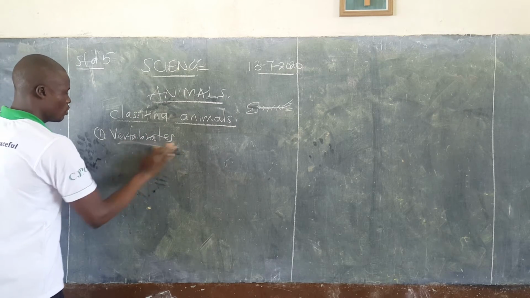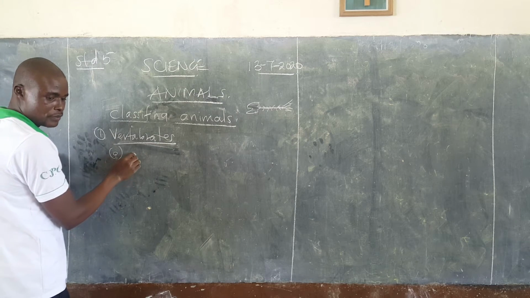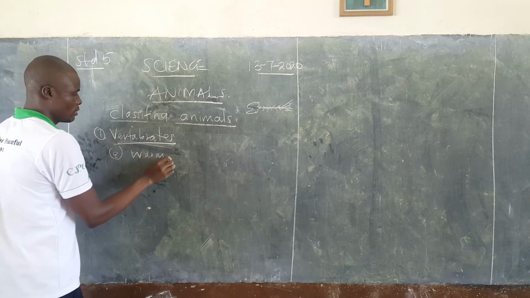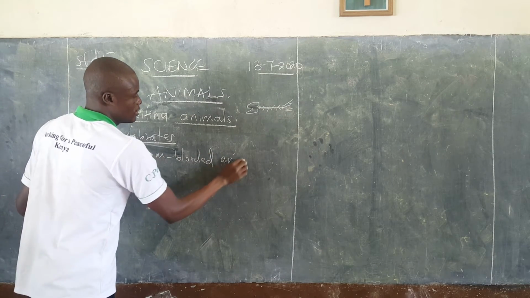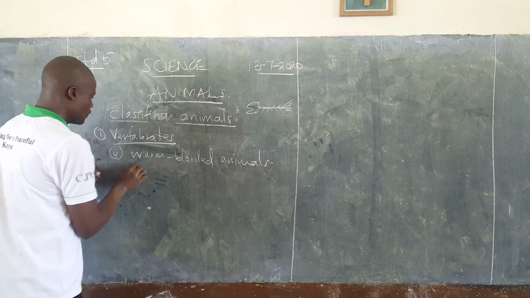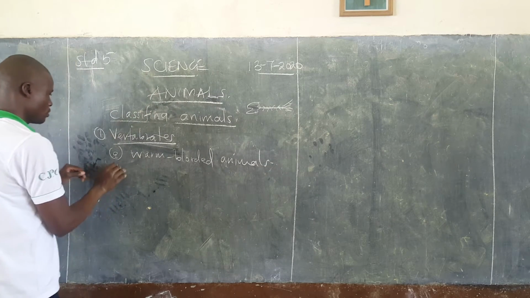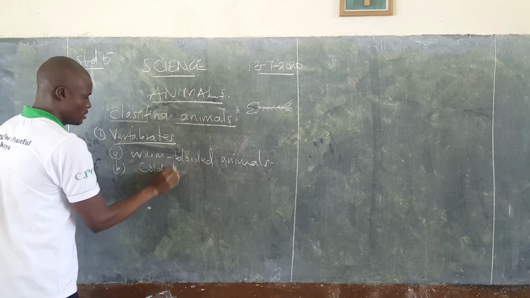We need to know the further classification. A, we're going to talk of warm-blooded animals. Then finally, B, we talk of cold-blooded animals.